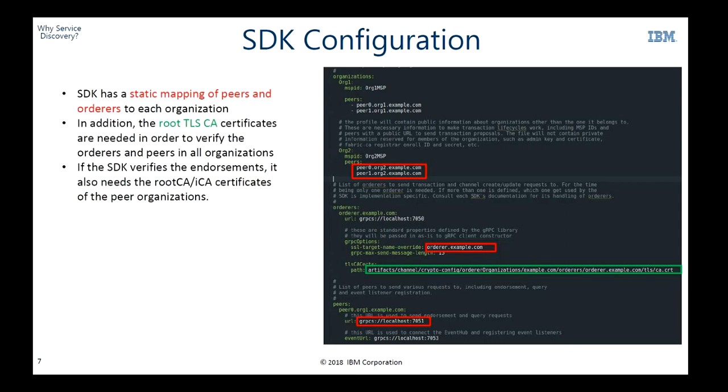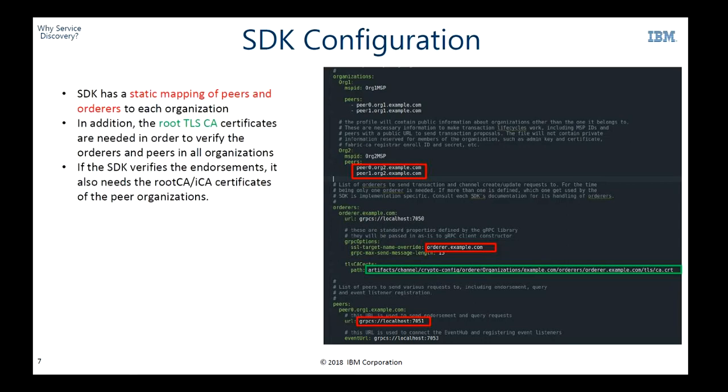So in this connection profile file, it has many disadvantages. For instance, it has a static mapping of the peers and the orders, and also if you see here in the green part, the client needs lots of configuration of all of the peers in the channels only to be able to work with the channel, and that's a very big disadvantage.